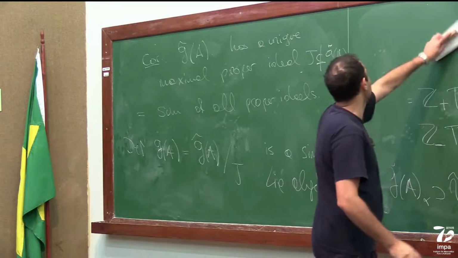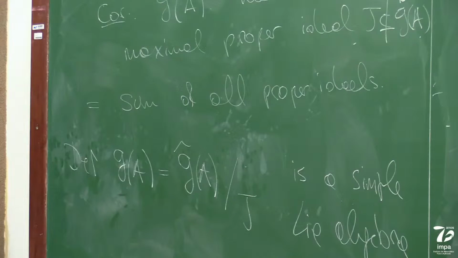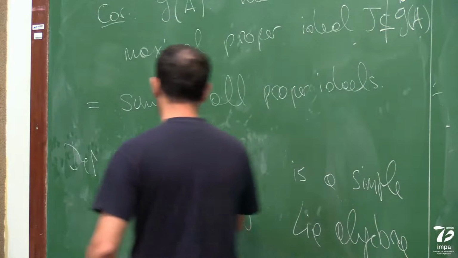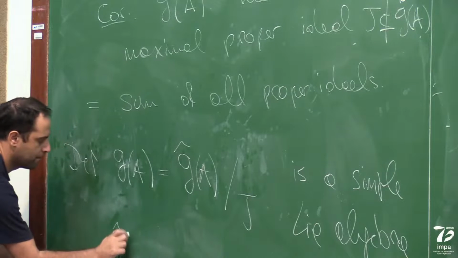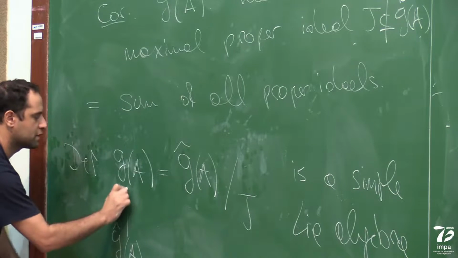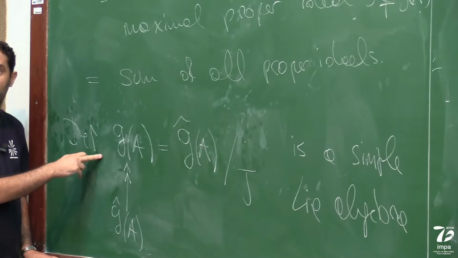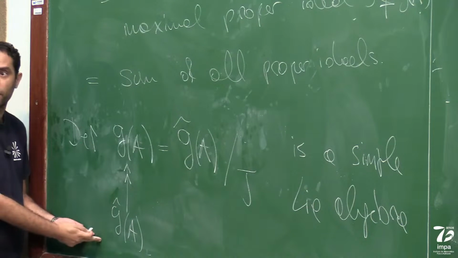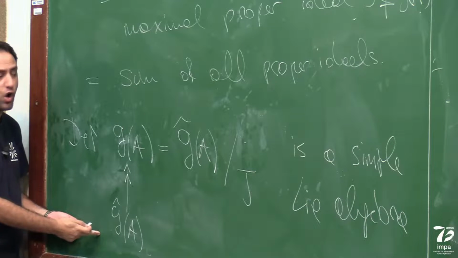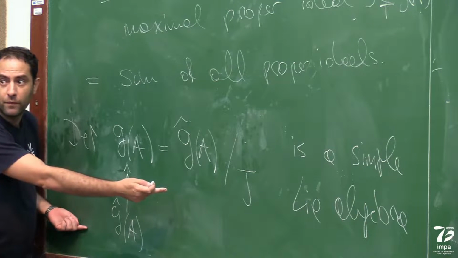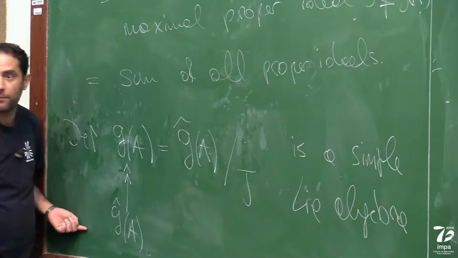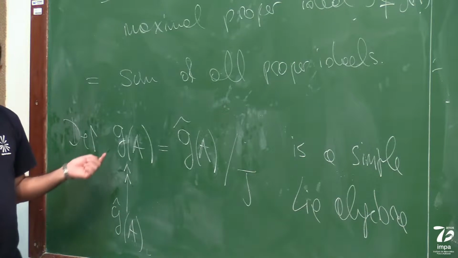Well, it's clear that it's a simple Lie algebra because this algebra by definition is a quotient of G tilde of A. It surjects here. So if this Lie algebra were not simple, then it would have a non-trivial proper ideal. And the pre-image of that non-trivial proper ideal would be a non-trivial proper ideal here containing J. And that breaks the maximality of J. So this Lie algebra is simple.